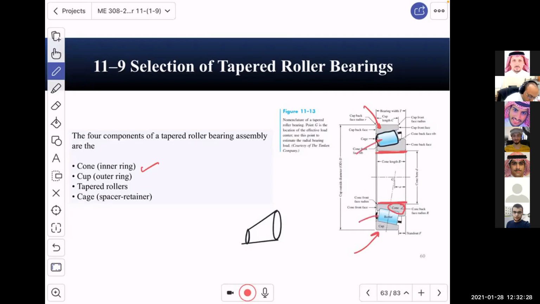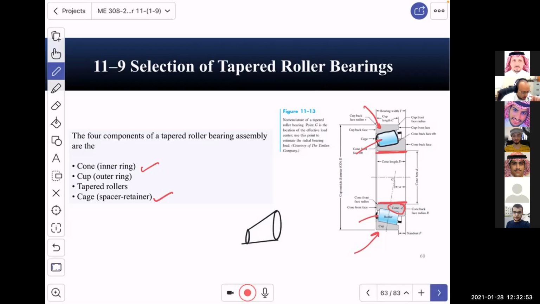We have tapered rollers, okay, and we have a cage. The cage here is similar to the separator in the ball bearing. Its job is to keep each roller in its place always, and the rollers do not interact with each other.